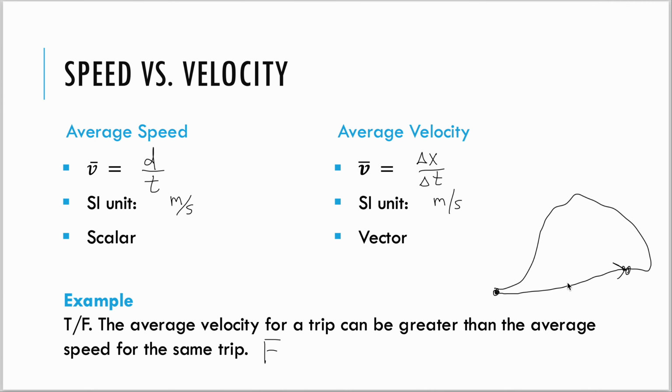So in general, the average velocity is going to be less than the average speed. The only time that they're the same is if your path traveled is in a straight line. If you travel in a straight line, then that means that your distance is equal to your displacement as far as the magnitude or the amount of distance traveled.